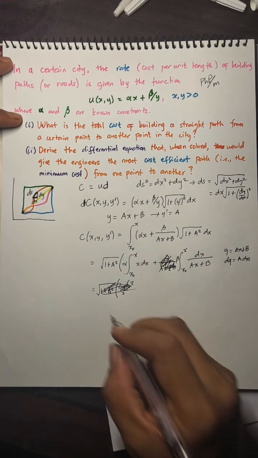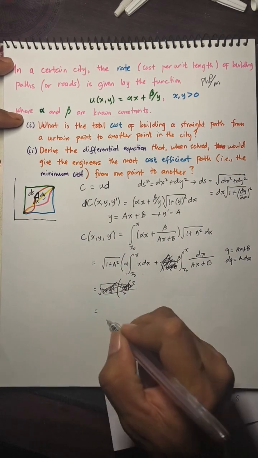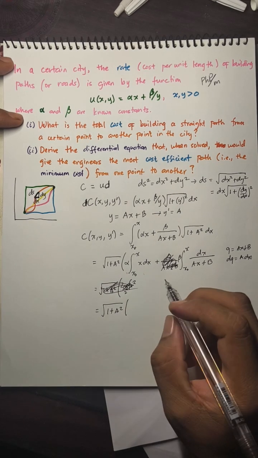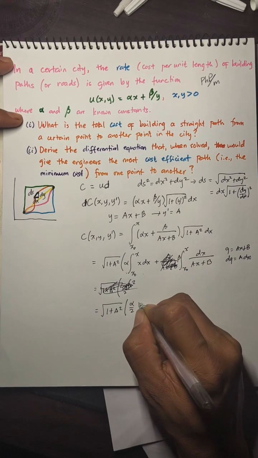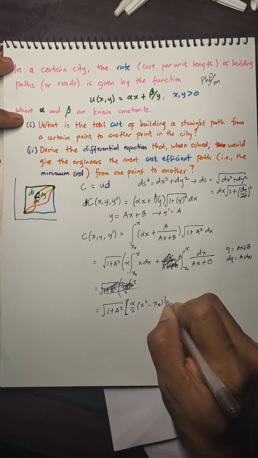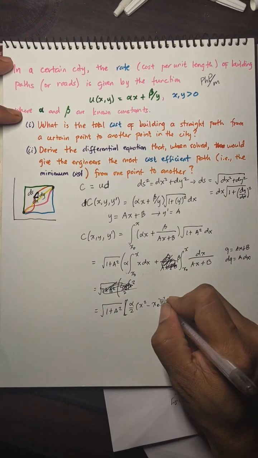Okay, let's write it here, square root of 1 plus a squared times alpha over 2 times x squared minus x naught squared.